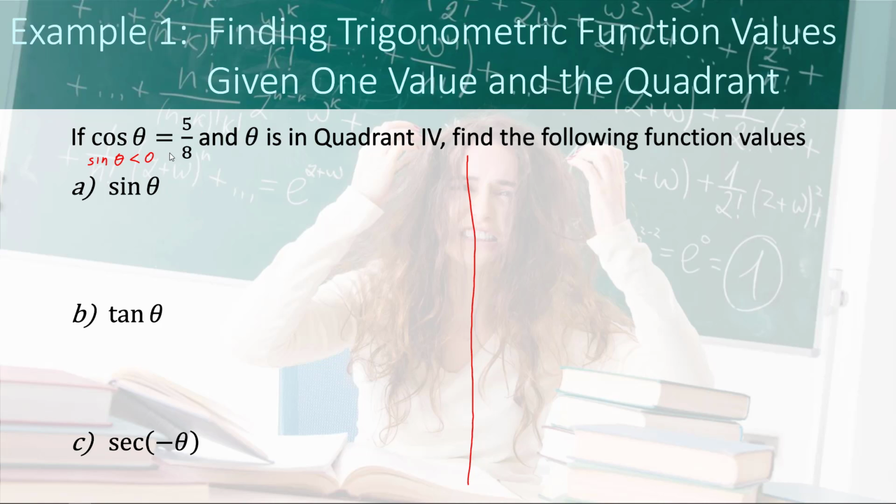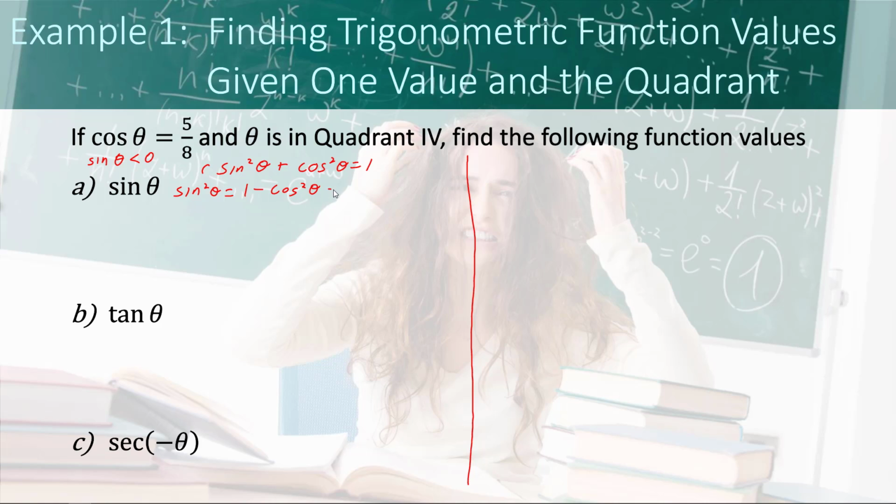Notice that we have cosine is equal to 5/8, and we know the Pythagorean identity, which is that sine squared of theta plus cosine squared of theta is equal to 1. And if that's the case, then one of the alternative identities would be that sine squared of theta is going to be equal to 1 minus cosine squared of theta. All right, well, cosine theta is 5/8, so cosine squared theta is going to be 25/64.